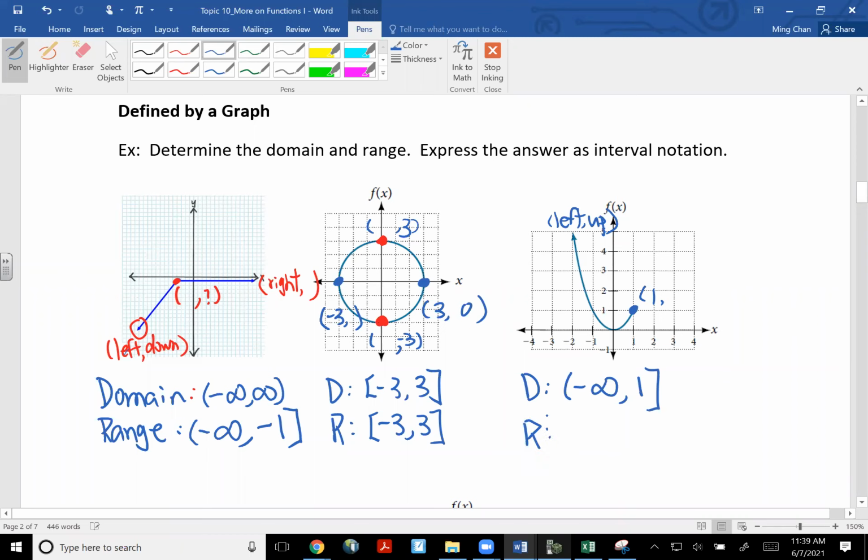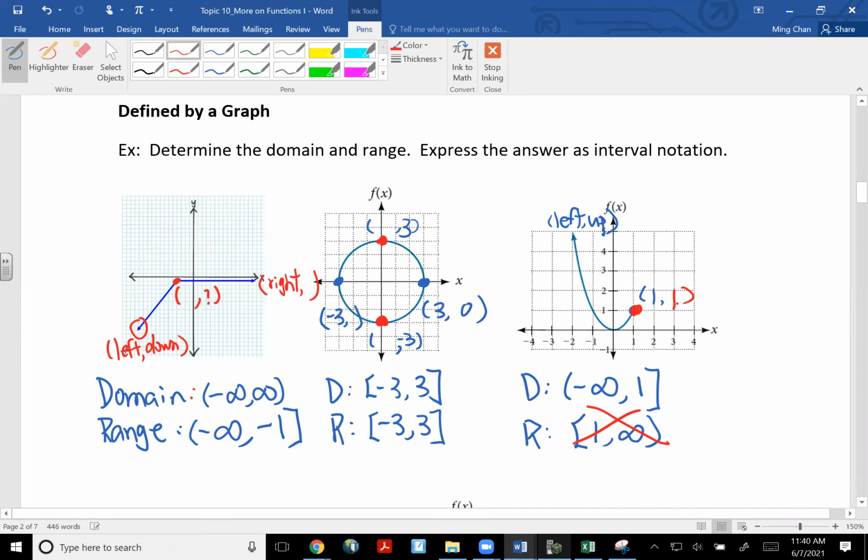The range is where students get messed up. Students say, okay, if this is where the function ends, then my range will be from 1, keep on going up. And that will be incorrect. Because the y value here is 1, right?